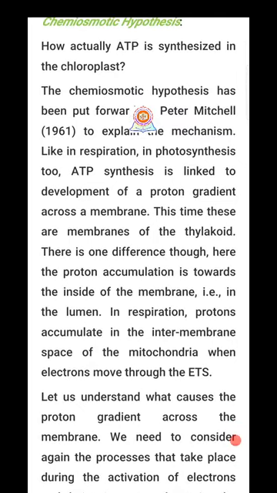In respiration, protons accumulate in the intermembrane space of the mitochondria when the electrons move through the electron transport system. But here the proton gradient is created inside the thylakoid membrane, in the lumen.